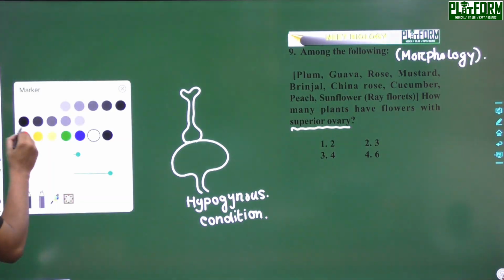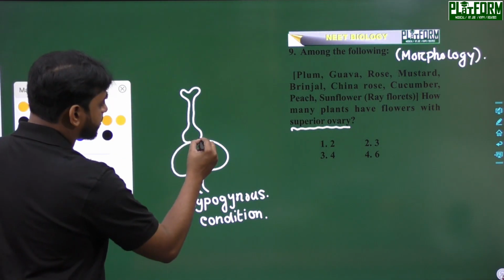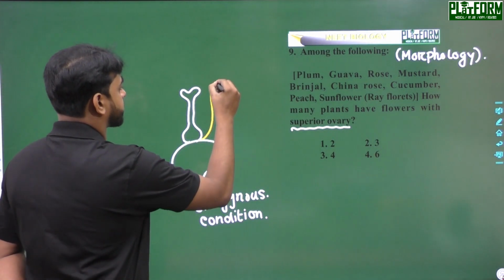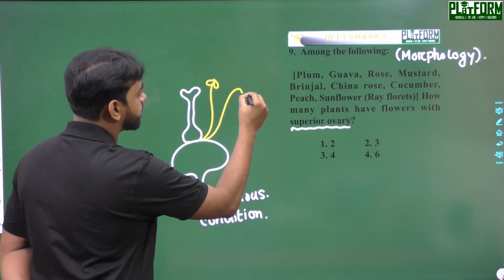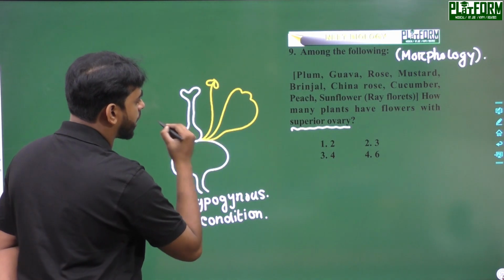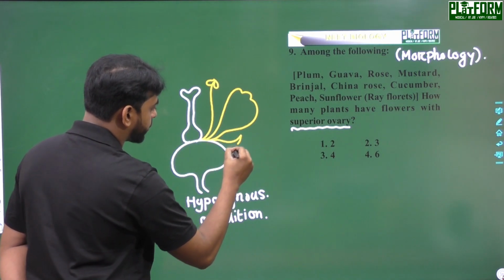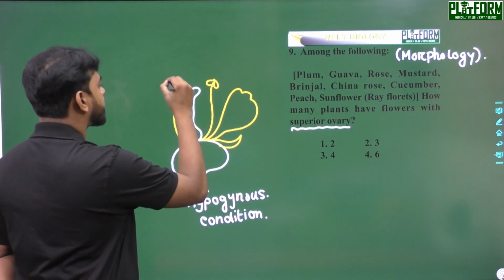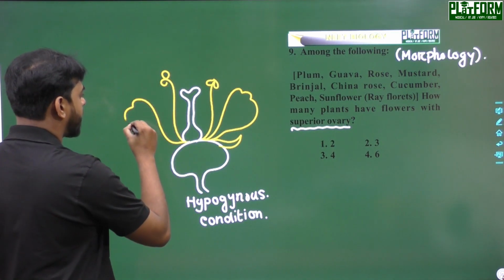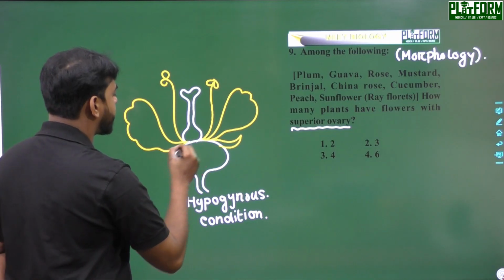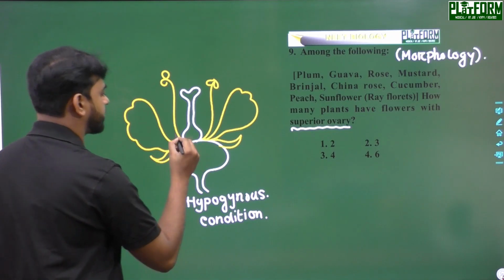So, as a result, with respect to the other members, that means with respect to the stamen, the corolla and the calyx, the gynoecium is always situated superior in its position.